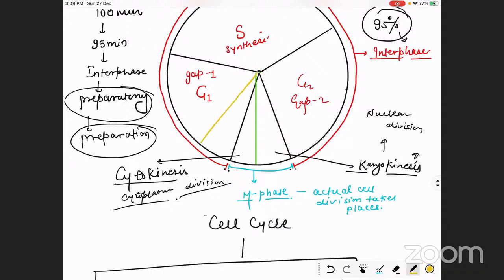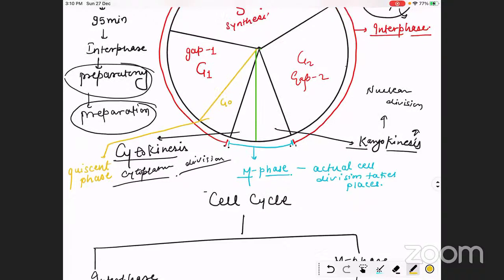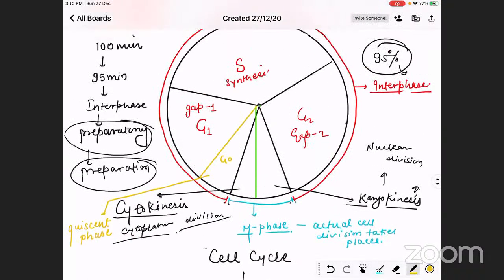It is the G0 phase or quiescent phase. This phase is present in the cell. See here.